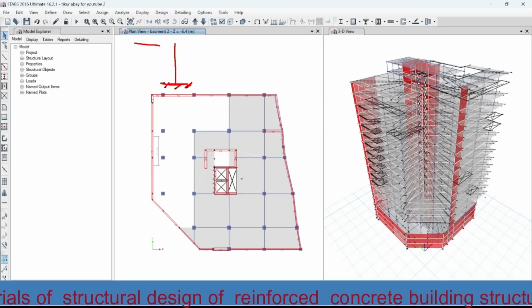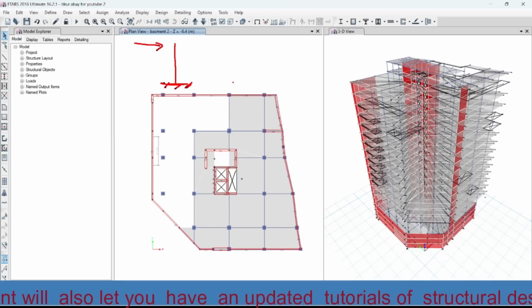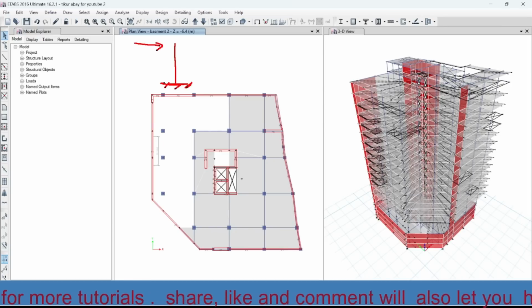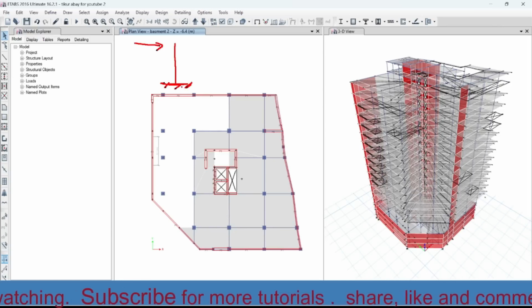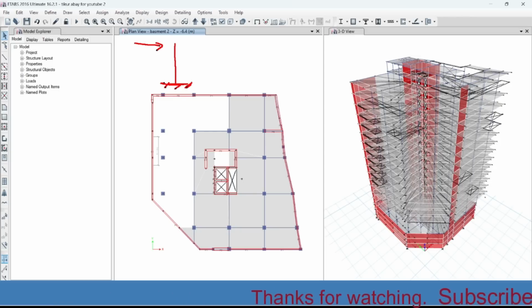If we apply a lateral load, our structure will move in the x direction. Or if we apply it along the y direction, our structure will move along the y direction. Or it may rotate about the vertical axis.